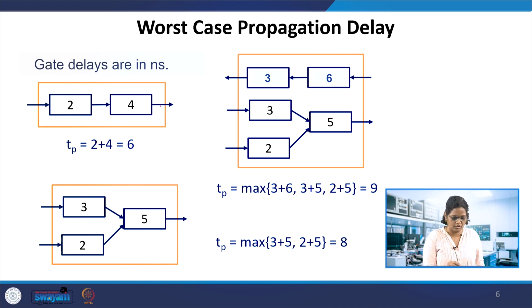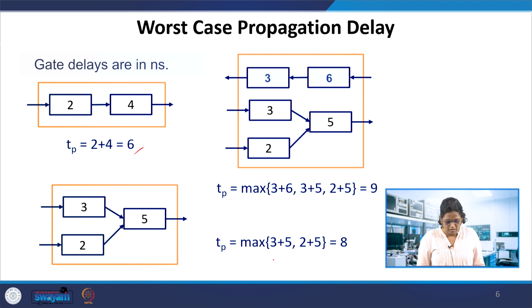This gives 2 plus 4, which is 6 nanoseconds. In a cascaded connection, the delays are added from input to output.